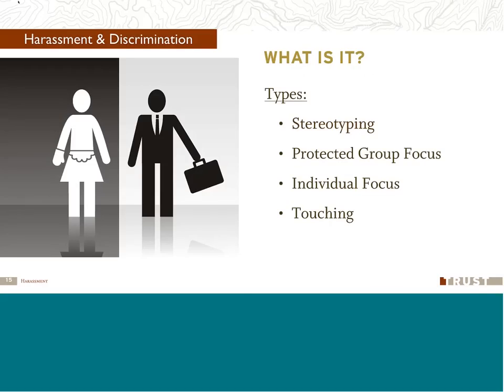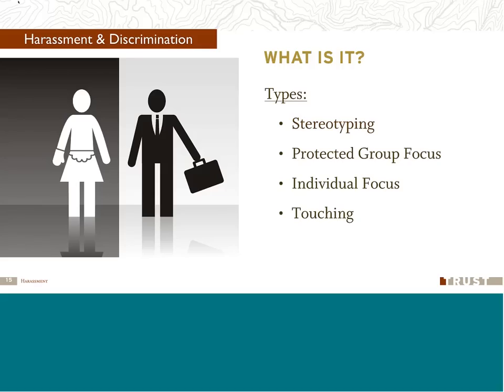So if my behavior meets the definition of a hostile work environment by stereotyping people because I have a negative opinion or for some reason I treat people in this group in a different way, then that can be a hostile work environment.